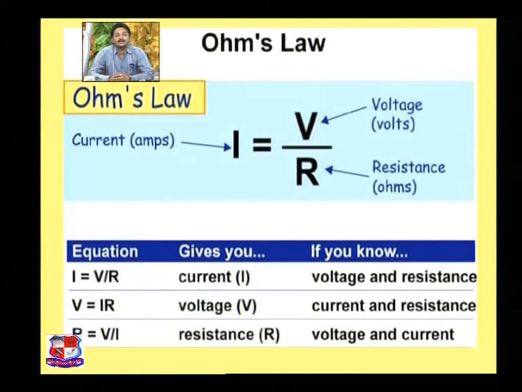So we can say that I is directly proportional to V, whereas it is inversely proportional to R.